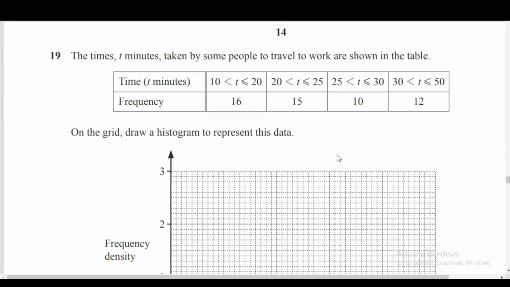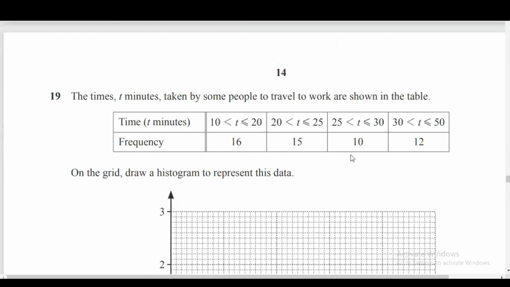The first step is you have to check the class width for this data. To find class width, you should know the formula: class width equals upper class boundary minus lower class boundary.